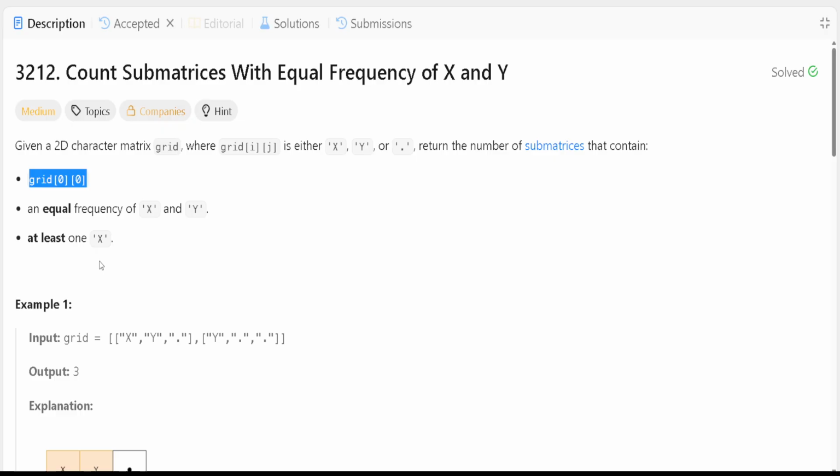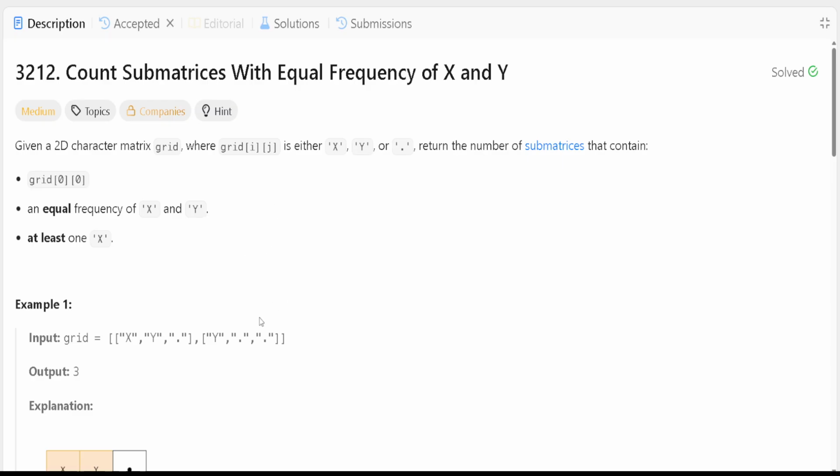We have to count the submatrices that have an equal number of x and y, contain at least one x, and, most importantly, must start from 0 0.